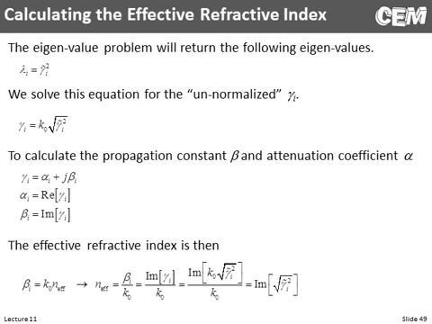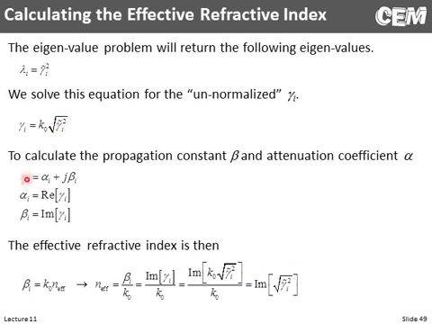Last slide. A little bit more on calculating the effective refractive index. Our eigenvalues come out as gamma squared, and we'll have a gamma squared for each mode that we've asked it to calculate. So we'll take the square root of it. So we're left now with just the normalized propagation constant. We'll multiply by k0 to unnormalize it.